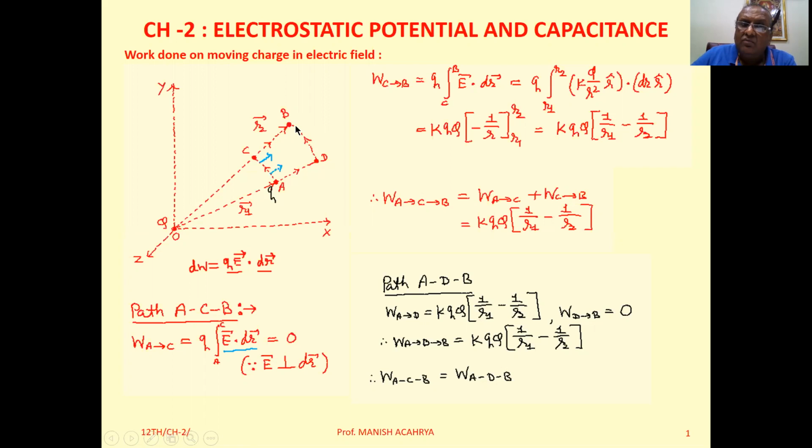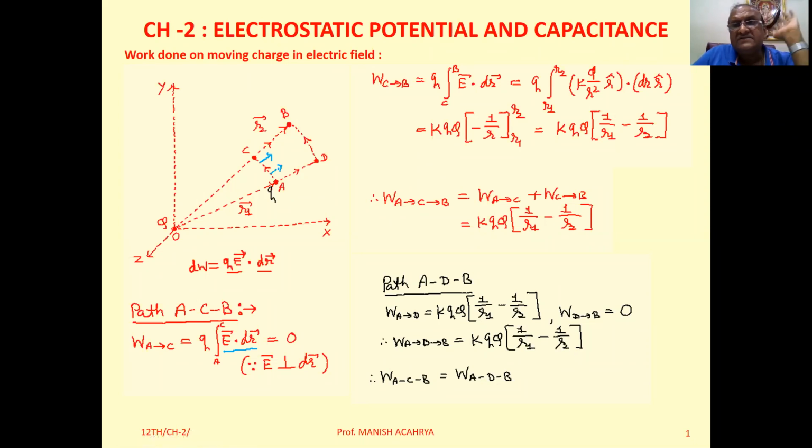So work done to move on path D to B will be equal to 0, exactly like we calculated for A to C. It implies that the total work done on moving charge q on the path ADB is equal to kQq into 1 upon r1 minus 1 upon r2.